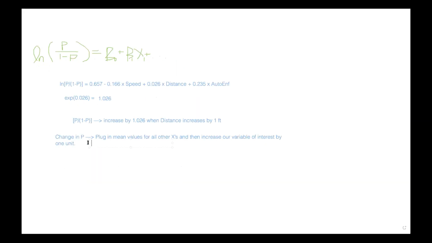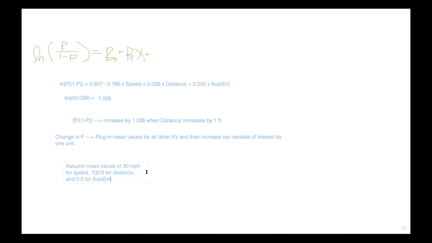If we just assume specific values here, to clarify, these are assumed values. If we assume mean values of, let's say, 30 miles per hour for speed, 100 feet for distance, and 0.5 for auto enforcement.